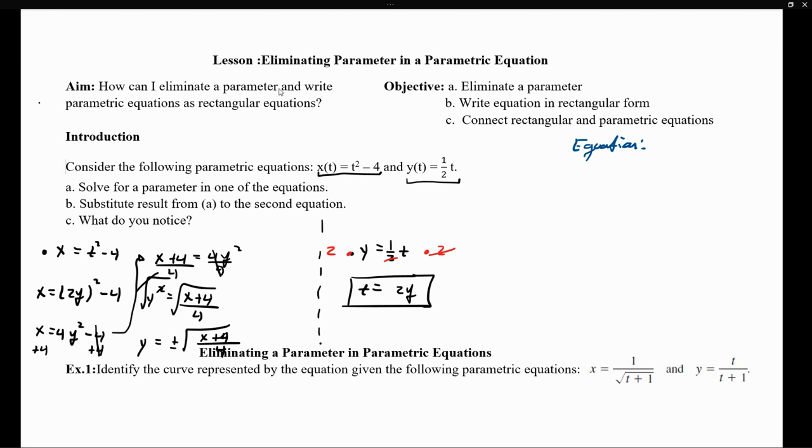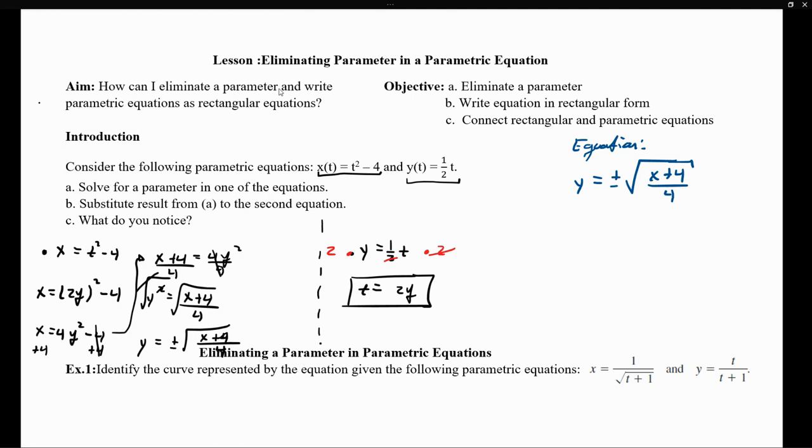The equation that we have come up with is y equals plus or minus the square root of (x plus 4) over 4. What we're saying is that this equation should have the same path as the parametric equations had initially.